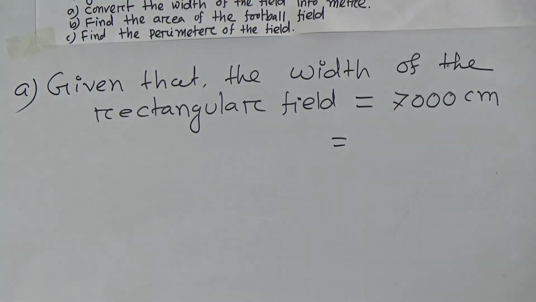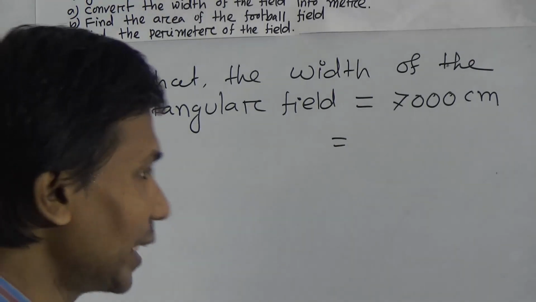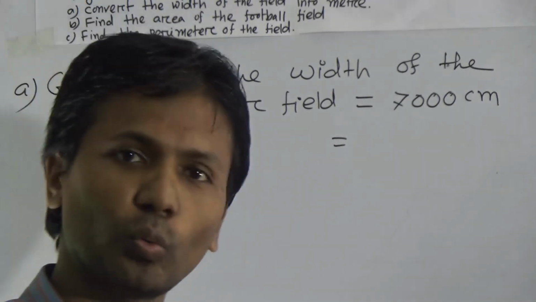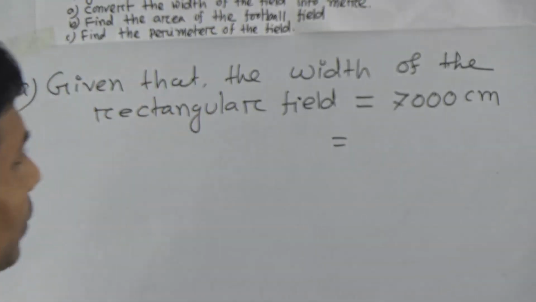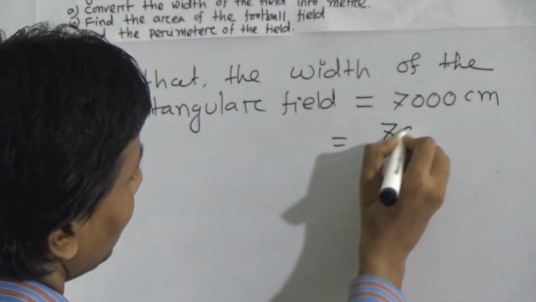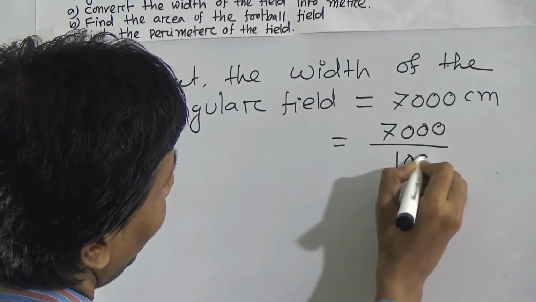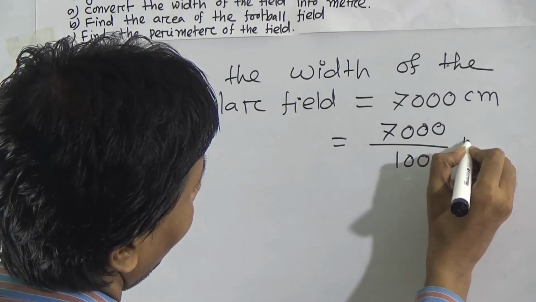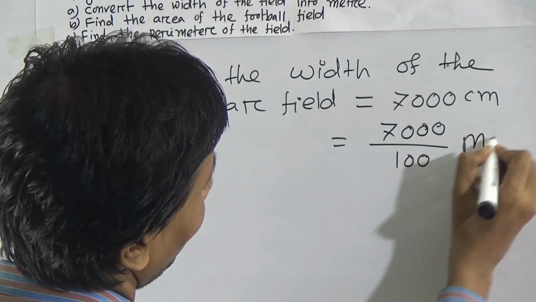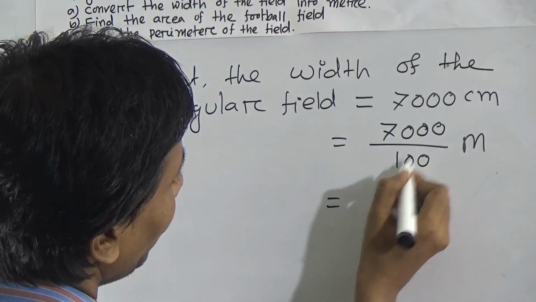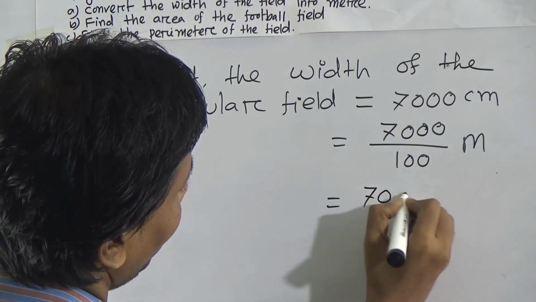Now we want to convert this centimeter to meter. We know 100 centimeter equal to 1 meter. That means divide by 100 and you write here meter. 70 meter.